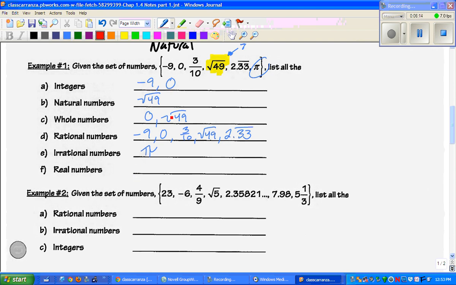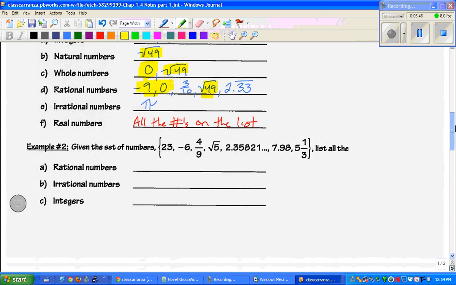And the real numbers on this are all the numbers on the list. Okay? Now, key things to remember: integers can also be rational numbers. A whole number could be a rational number. Natural numbers can be rational numbers. Okay? So some of these numbers are going to be on multiple lists.